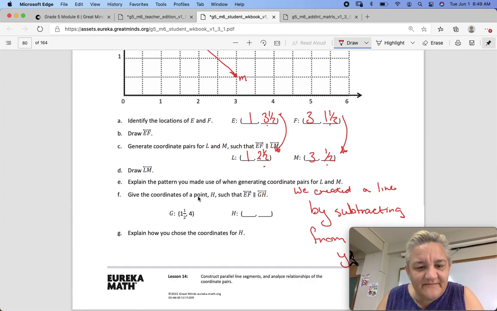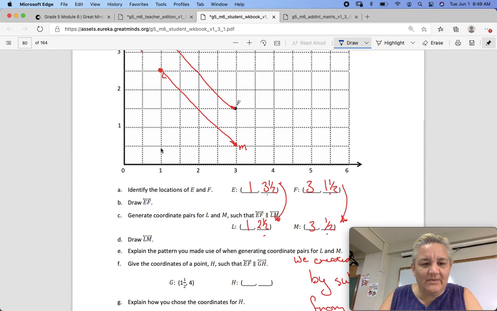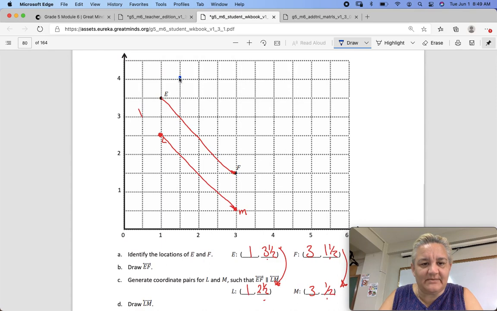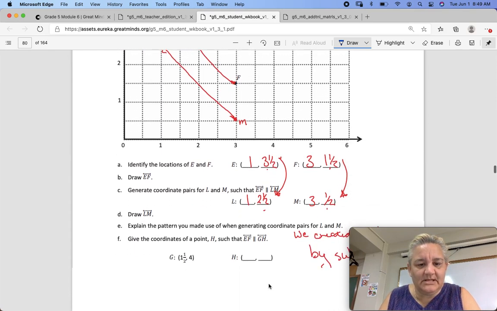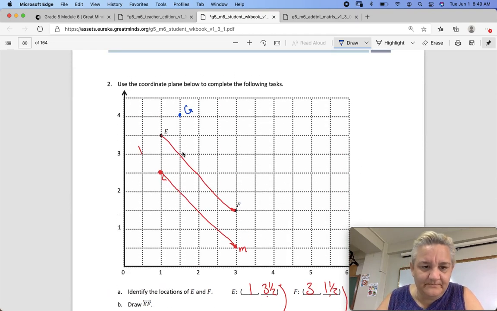Give the coordinates of point H such that EF is parallel to GH. Okay, so there's G. I'm going to change colors here. G is 1.5 and 4. So 1.5 and 4 is right here. And I'm going to call that one G. And then H, they want that to be parallel too. Well, they went a whole up right here, didn't they?